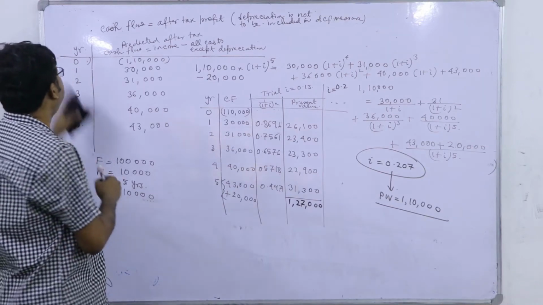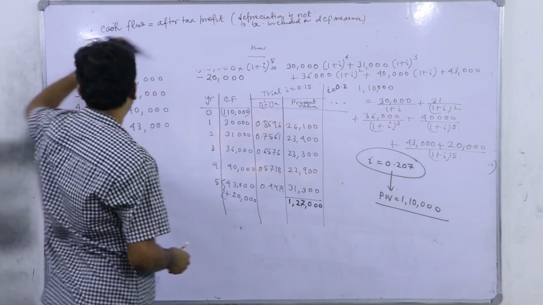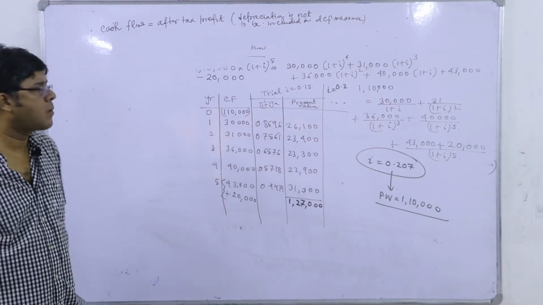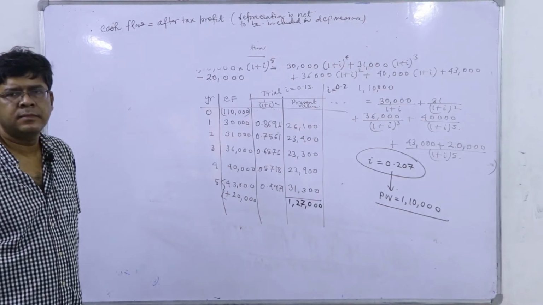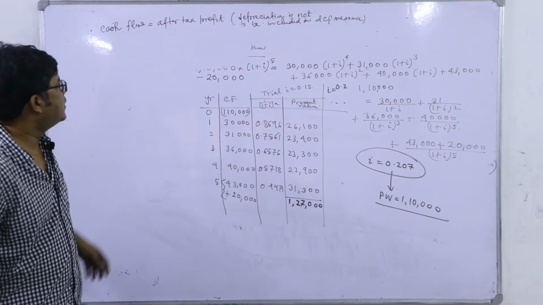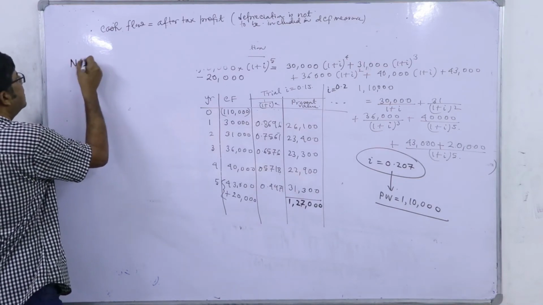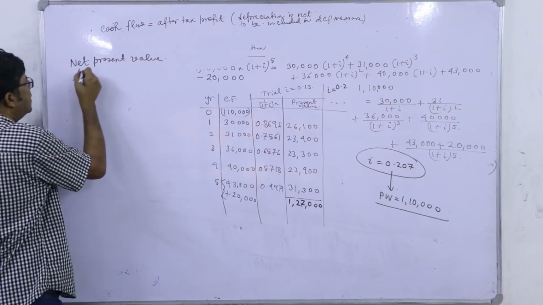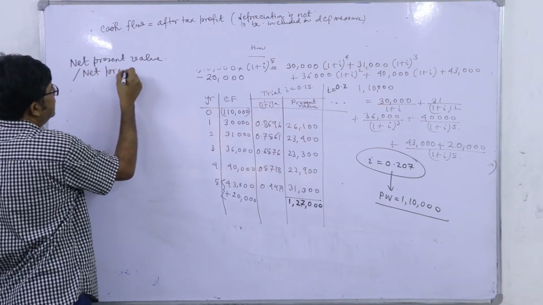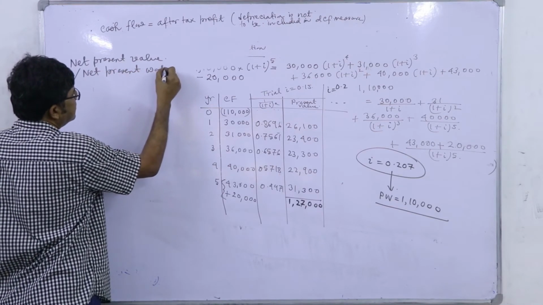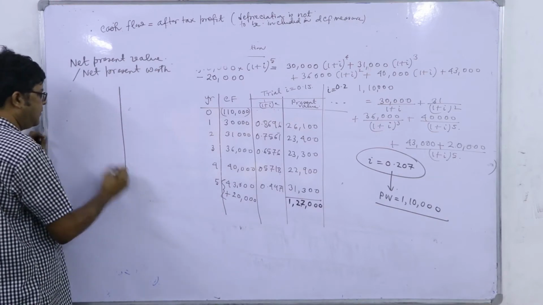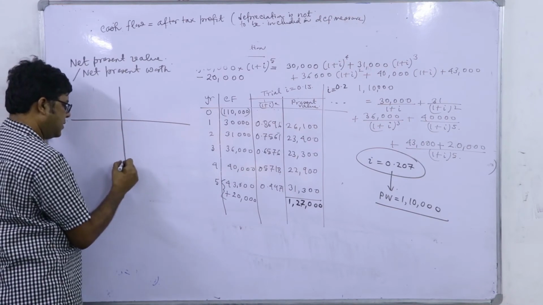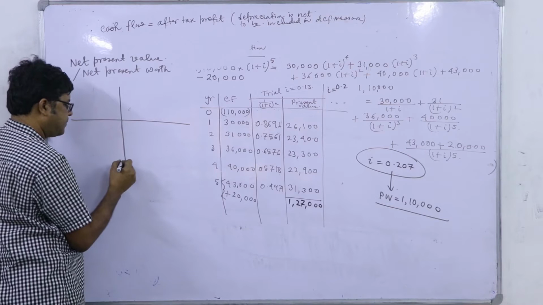So, next is the net present worth. So, net present worth we can understand from here. So, net present value or net present worth. See the timeline again, if we incur that at the year 0 we have given a total investment, right.